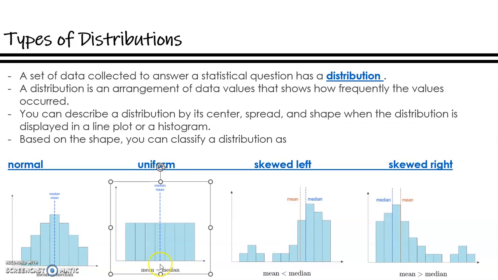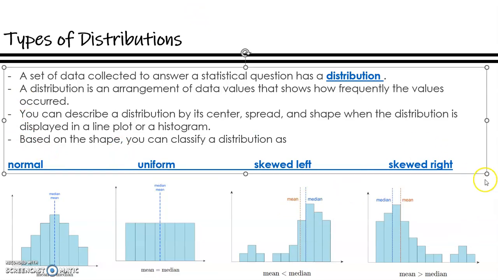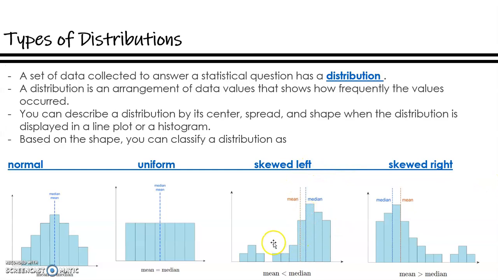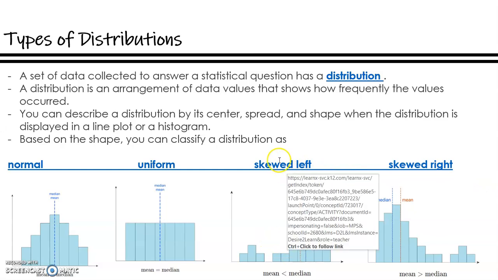Okay. You can see that in normal data, it kind of looks like a bell. The mean and the median are likely very close to each other, right in the middle. Same for uniform, okay?